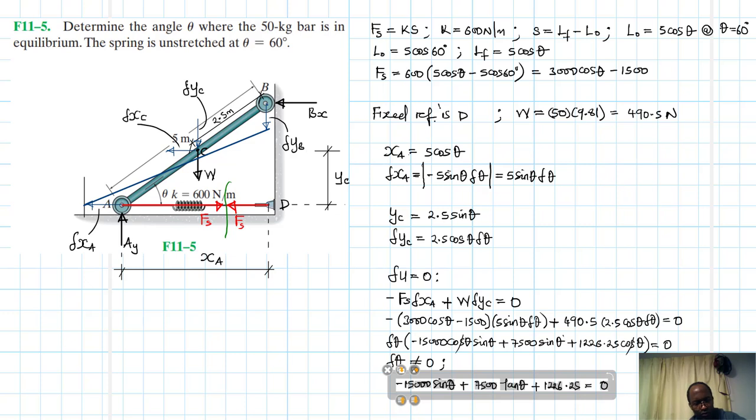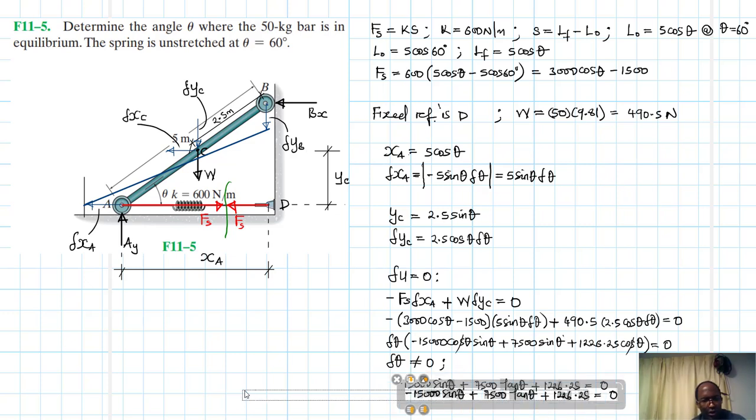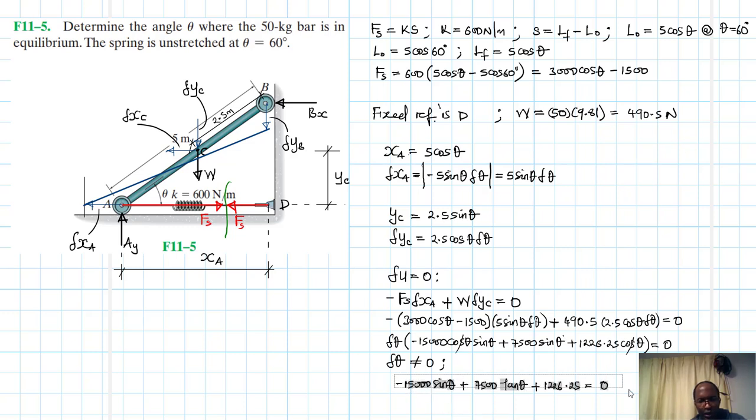One of the methods would be to use the trial and error method, which I just want to use right now.